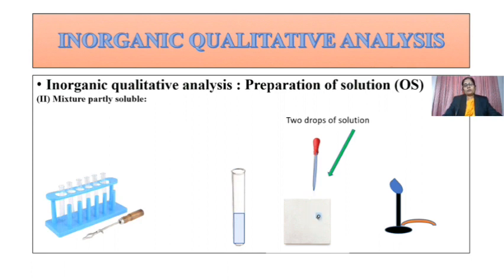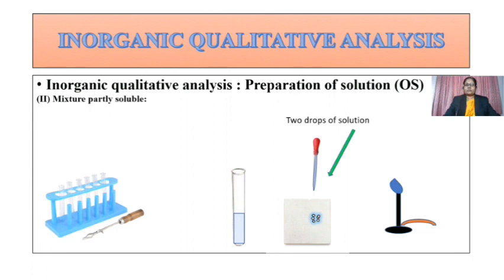If an appreciable amount of residue is obtained on the glass plate or on the slide, then the powder or mixture is partly soluble in water. If an appreciable amount of residue is not obtained, then the mixture is not partly water soluble. Now this is all about the preparation of solution.